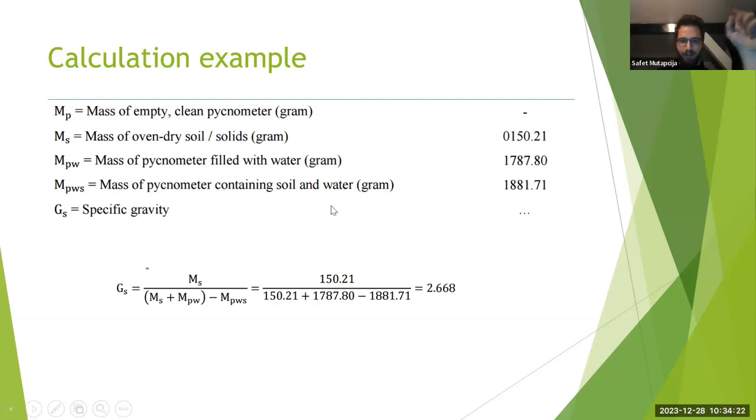And this one is different, of course. And the mass of the pycnometer containing soil and the water, and Gs is the specific gravity. So just do your simple calculation based on everything you have here, and you're going to get your specific gravity. Extremely simple.